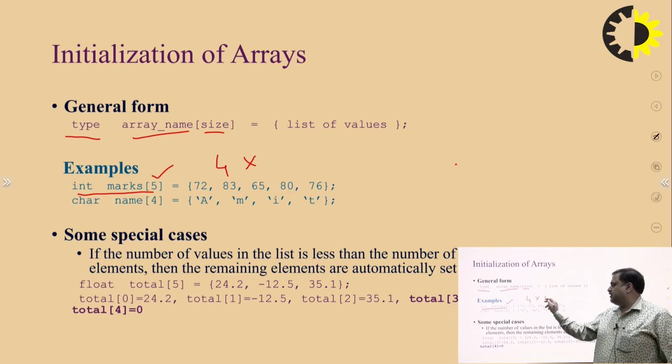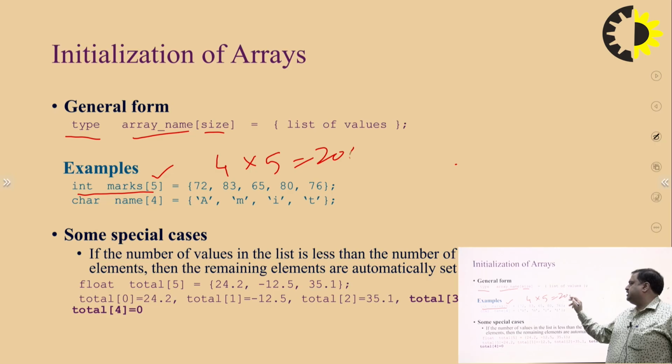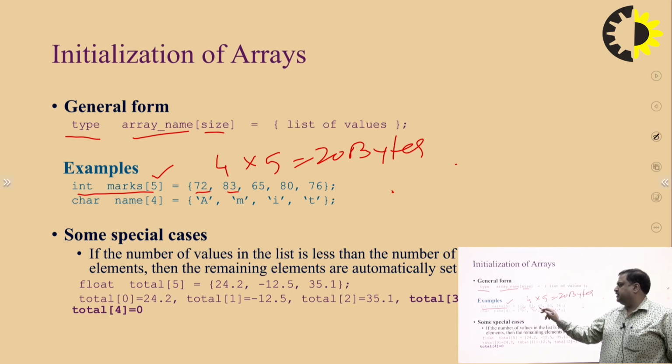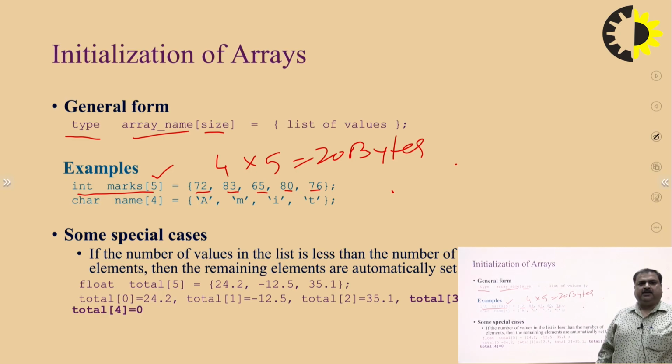So 4 into 5, that means 20 bytes will be reserved in memory, and these 20 bytes will store the elements 72, 83, 65, 80, 76, at 4 bytes each. So this is how we declare and initialize arrays. This is the syntax for declaring cum initializing an array.